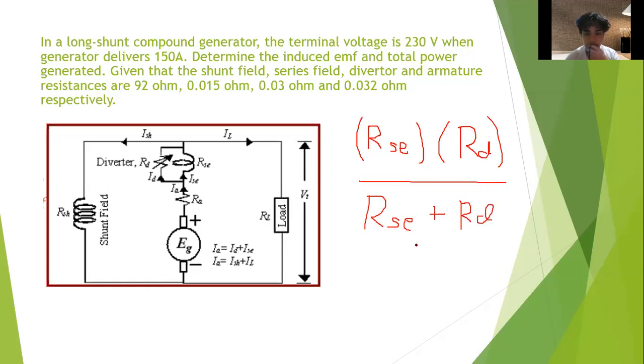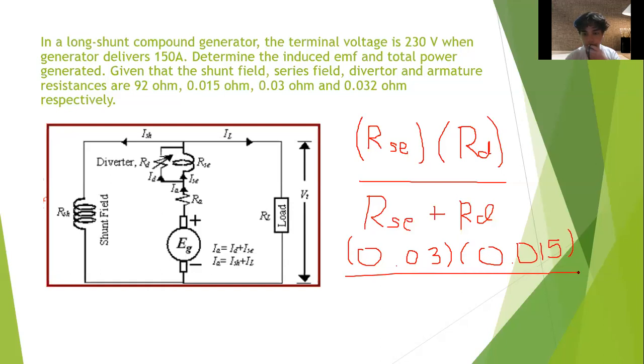So we will have 0.03, which is the RD, and for the series field resistance, we have 0.015, over 0.03 again, RD, plus 0.015.